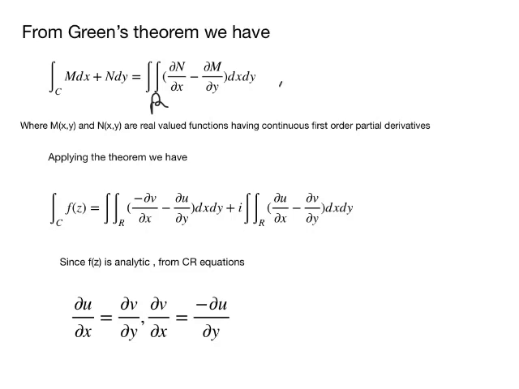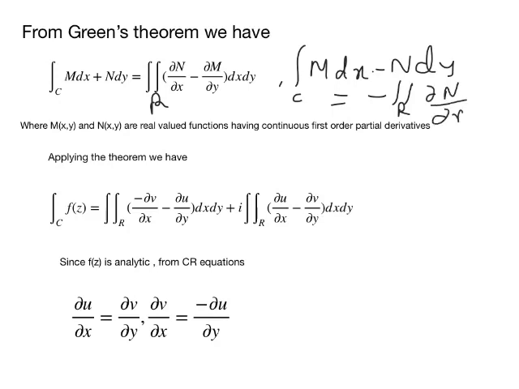That is, we have that integral C of m dx minus n dy is also given by minus of double integral R of ∂n/∂x plus ∂m/∂y.